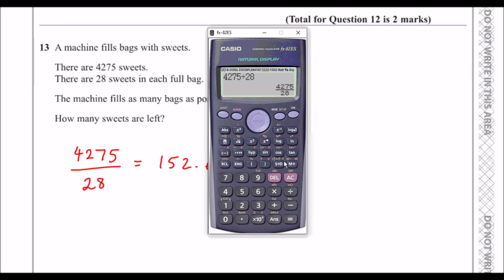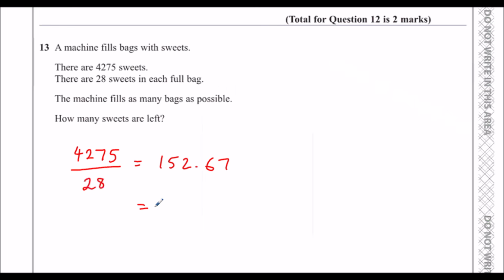I'll do it once with the calculator and once without. So I'm going to press Shift and then the S to D button. Shift S to D, and it's going to make it into a mixed number. So 152 whole bags and then 19 28ths left. So 152 and 19 28ths.